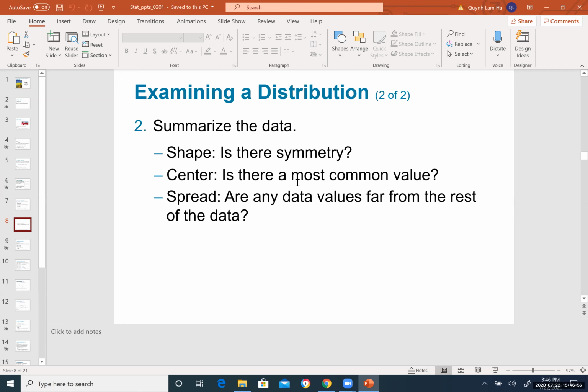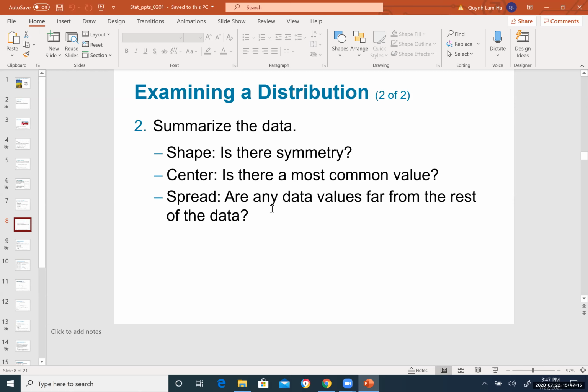For example, 21, 22, 23 are close to each other.